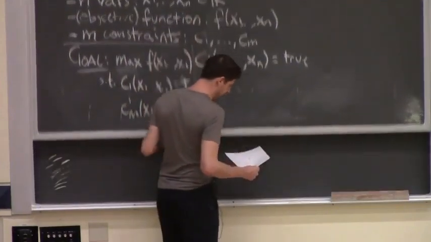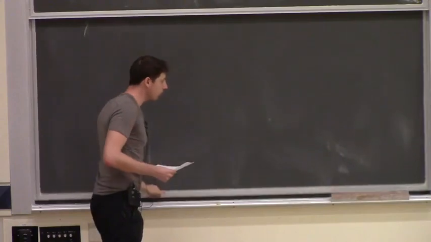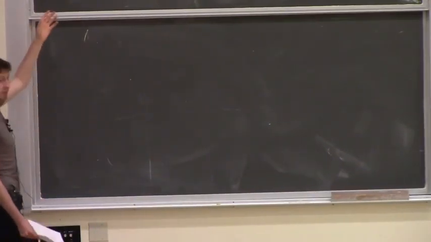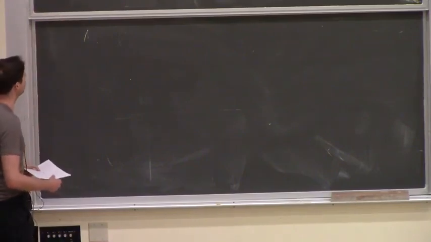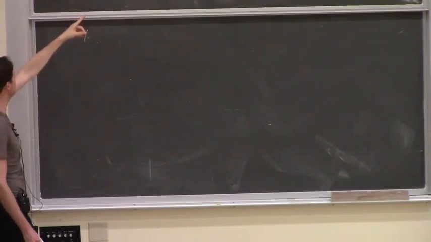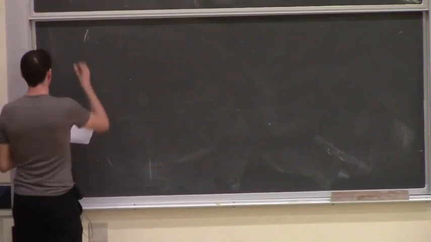Now, in linear programming, we're going to impose some structure on this fairly general optimization problem, and we're going to say that everything is linear, namely the function that we want to maximize is linear, and the constraints are linear. So let me make that clear.